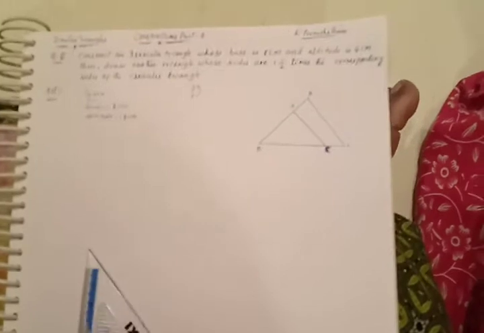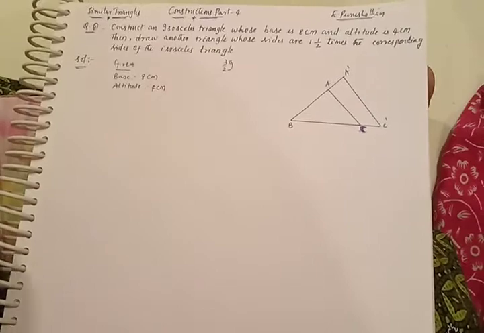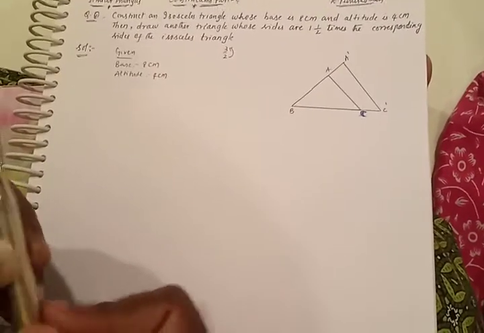So AC, A dash C dash. This is the rough triangle, as we already know. Now we are going to draw the real construction. The required construction is: base is 8 centimeters.